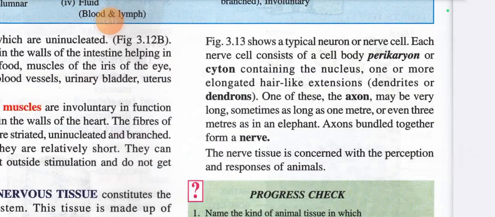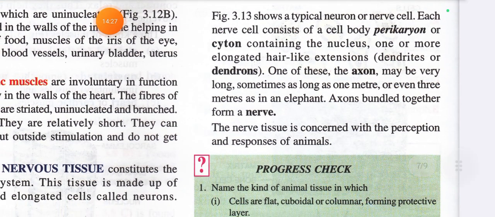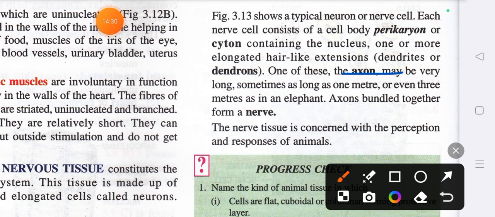Each nerve cell consists of a cell body, that is perikaryon or cyton, containing the nucleus, and one or more elongated hair-like extensions, dendrites or dendrons. One of these, the axon, may be very long, sometimes as long as 1 meter or even 3 meters, as in an elephant.